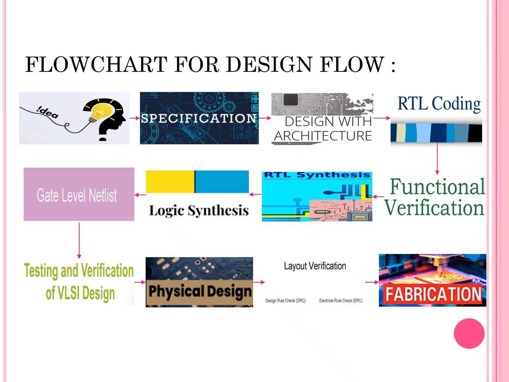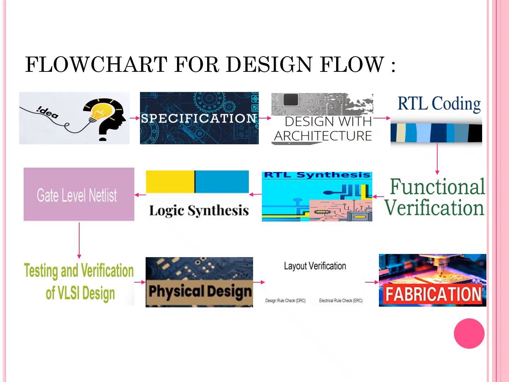Then, logic synthesis, where the RTL code is converted into a gate level netlist, a circuit made of logic gates. Once this is done, we move to the physical design, where the circuit layout is generated, including placement, routing, and optimization. Next step is layout verification, which checks the design rule violations and electrical errors.